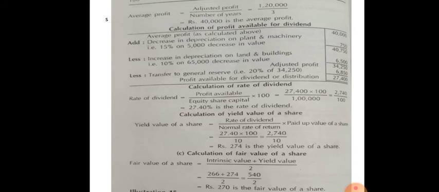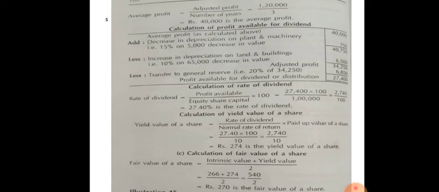Next, whatever the increase in values, on this increase we have to subtract the depreciation. Less increase in depreciation on land and building at 10%: on the 65,000 increase, the 10% is 6,500. The adjusted profit is 34,250.